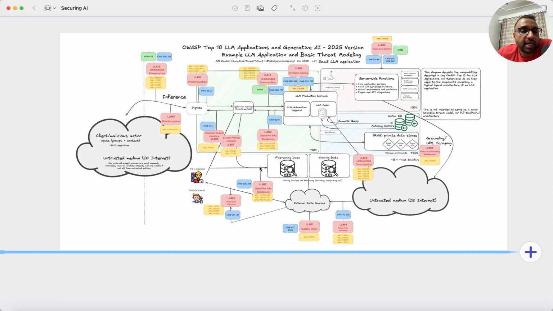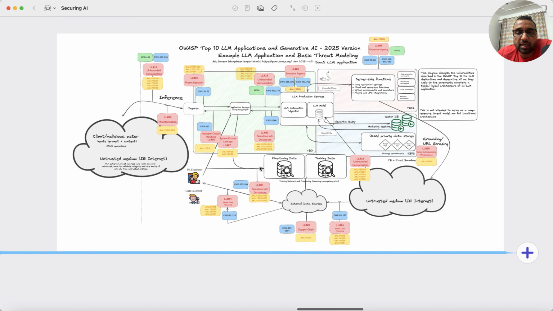In this scenario, an application is depicted, and it talks about the core LLM production services, including the LLM automation, LLM models, server-side functions, RAG, fine-tuning data, external data sources, etc. It shows how the data flows and what the various threats are, and they have numbered threats based on API and LLM, a numbering system that you are familiar with.